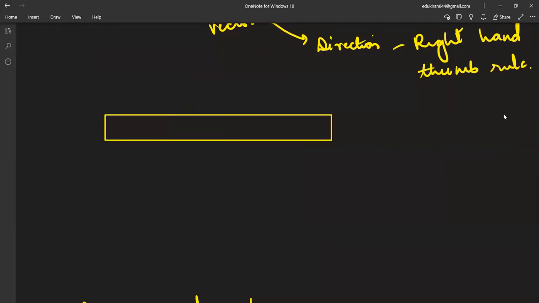See class, suppose this is a rod that is given. Let's take an example. Suppose the axis is present over here. This is the axis.